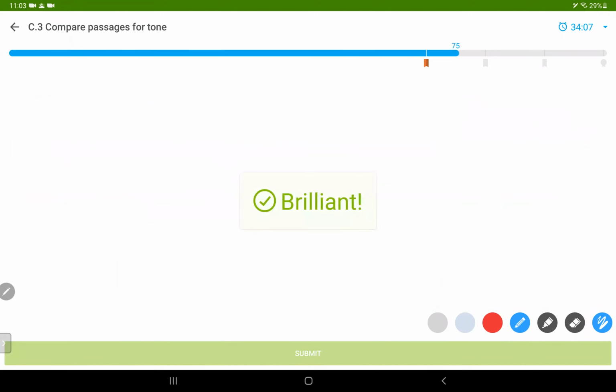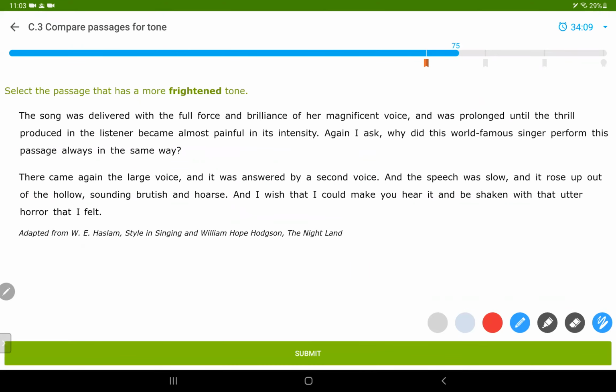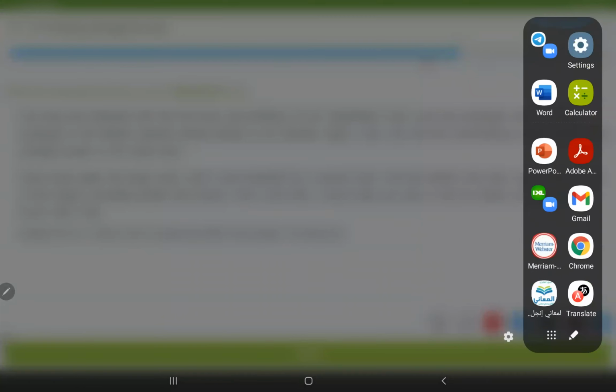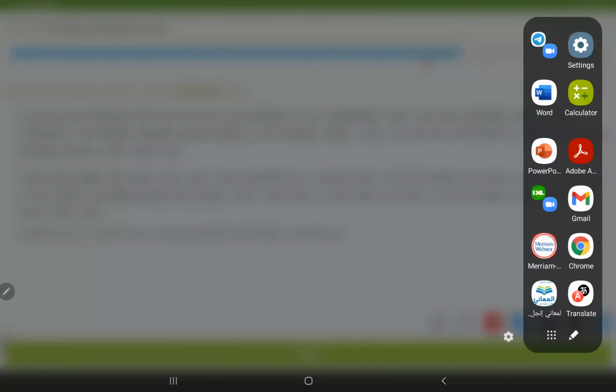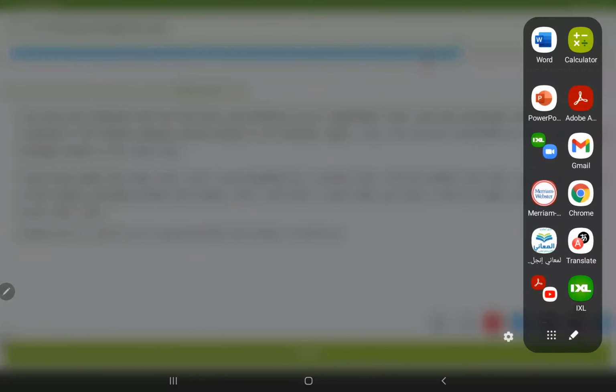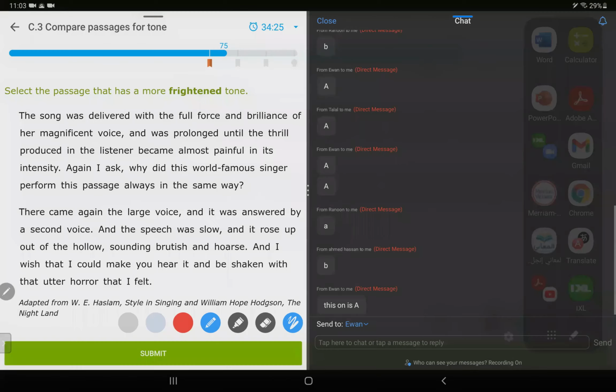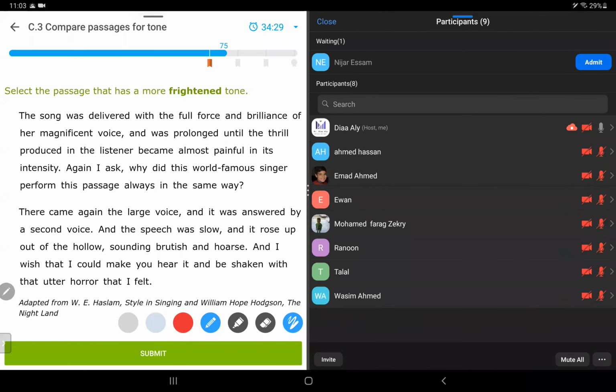Let me tell you now what you will do. I'll send you now a link on Telegram, and we'll come back in 30 minutes. So you will open Telegram. I'm not sure it will work with or without an account.